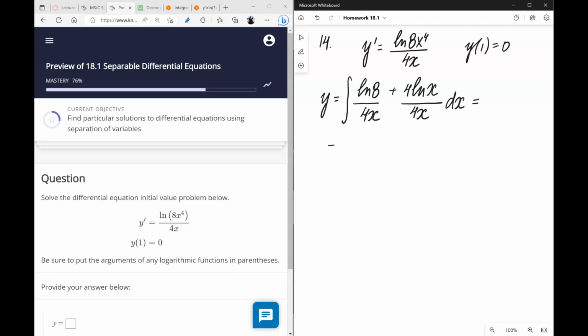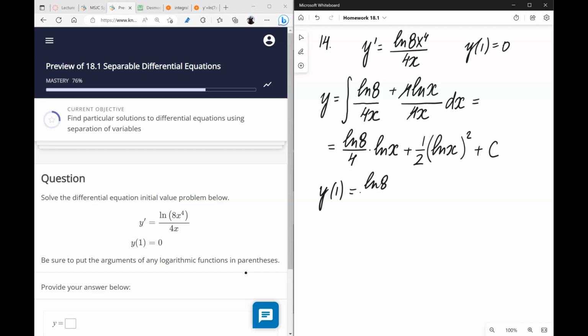dx. So my integral on the left is ln of 8 over 4 times ln of x. And my integral on the right, after we cancel 4, is just going to be 1/2 ln of x squared plus c. And at 1, it's equal to 0.